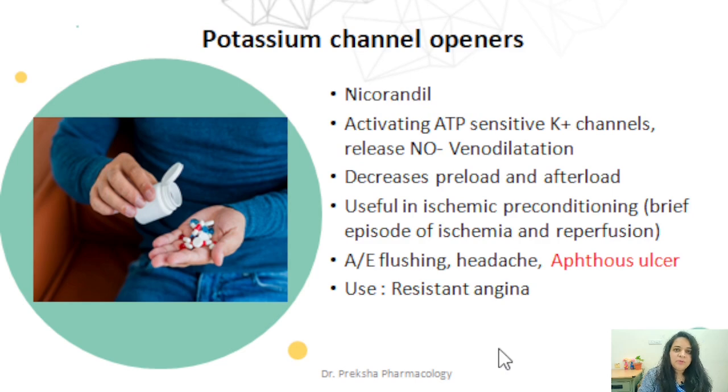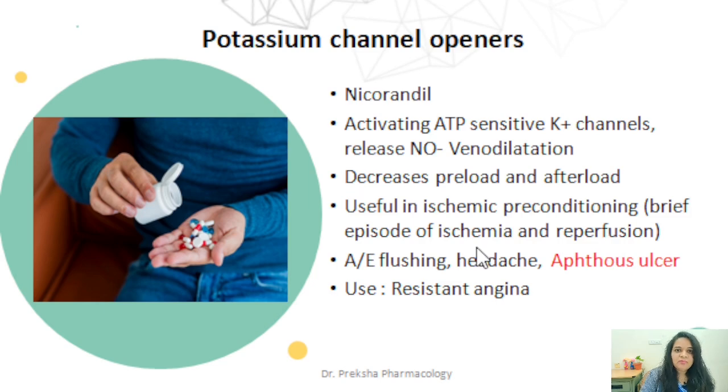Now coming to the potassium channel openers. Nicorandil acts by activating ATP-sensitive potassium channels. It also causes release of nitric oxide and causes vasodilatation along with arteriolar dilatation. That's how it decreases the preload and afterload. It is useful in ischemic preconditioning, that is, a brief episode of ischemia and reperfusion.